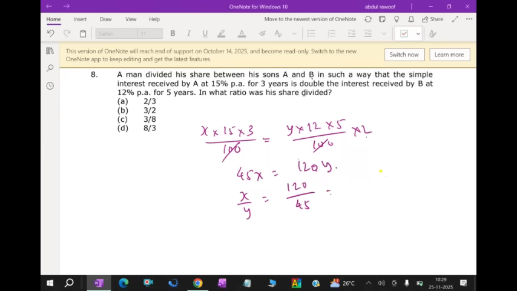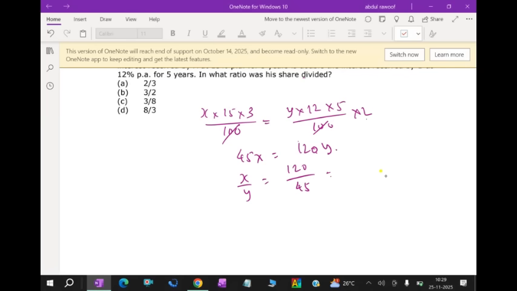120 by 45, cut by 5: 24 over 9. Further, cut by 3: 8 over 3.